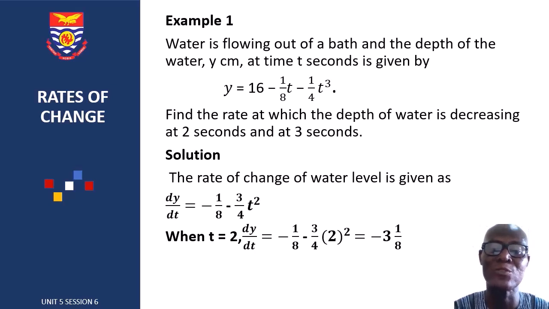Now, at the instant when the time is 2 seconds, we substitute 2 into the rate of change dy over dt. That gives dy over dt to be negative 1 over 8 minus 3 over 4 into braces 2 exponent 2, which gives negative 3 1 over 8.